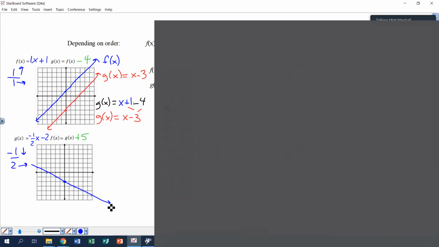That line right there is the G of X line, not the F of X line. And then the new one's moving up 5 boxes. 1, 2, 3, 4, 5 with that same slope. And then again, I could get that new equation by doing what's called eyeball math.